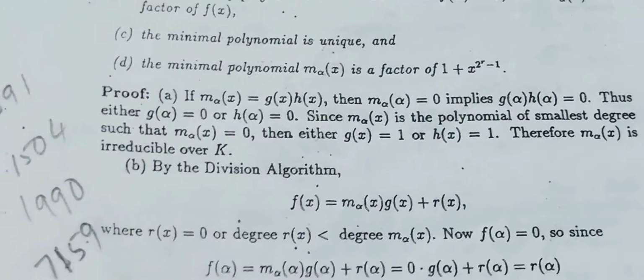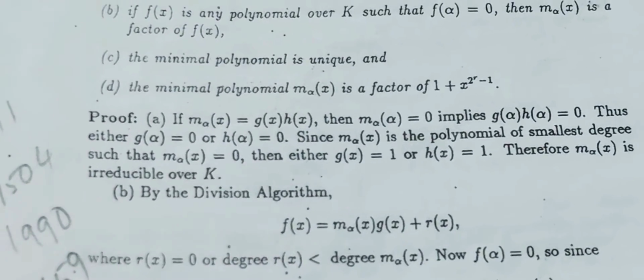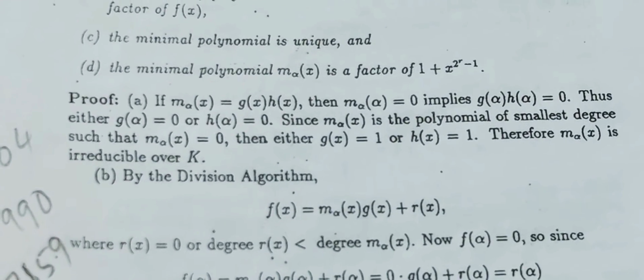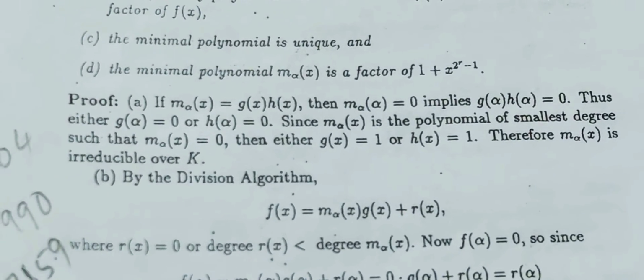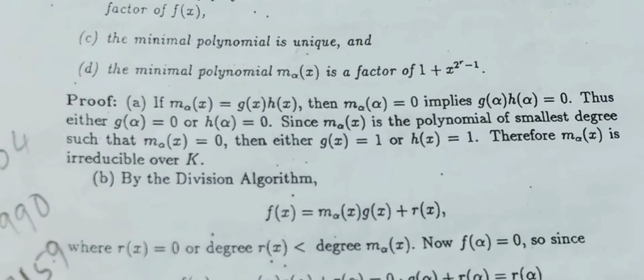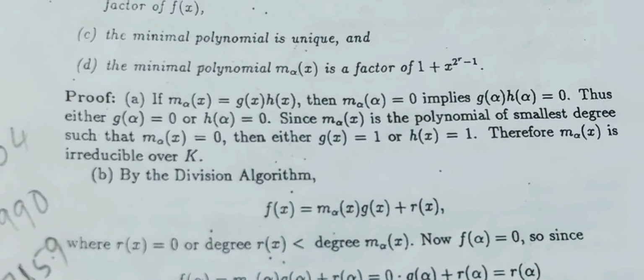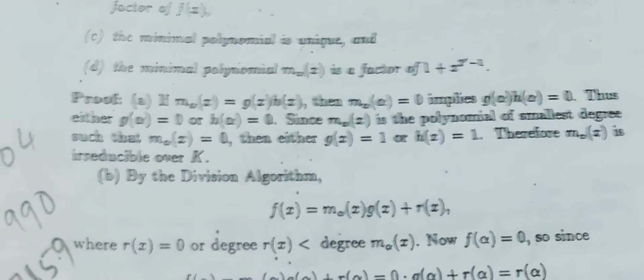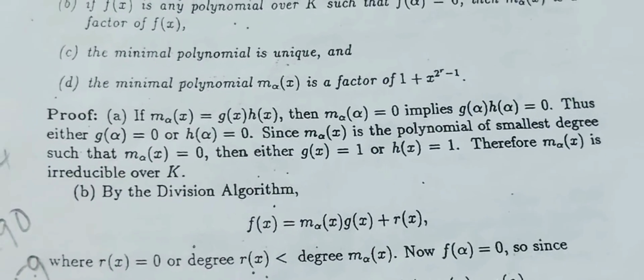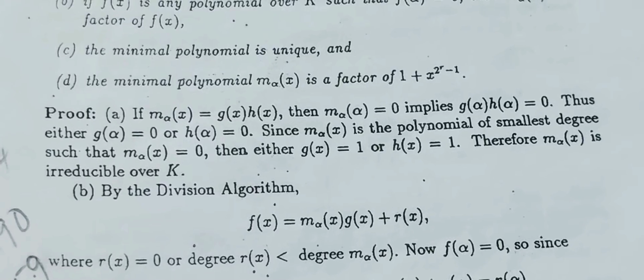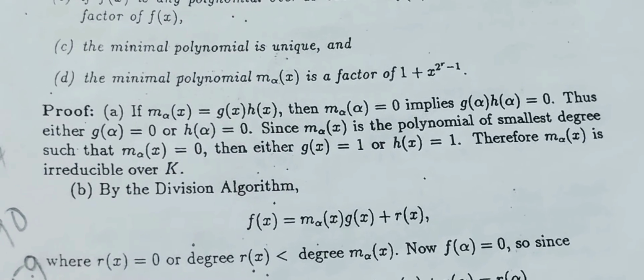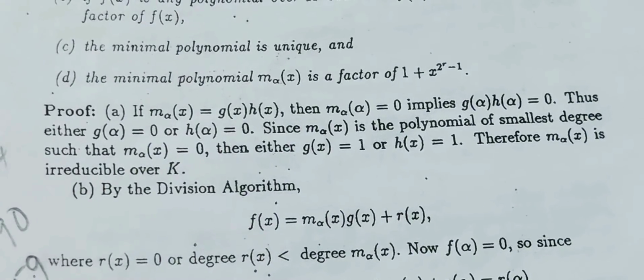Okay. So the first one, the A part, what is that? M alpha of x is irreducible. So suppose m alpha of x is reducible. M alpha of x reducible means m alpha of x is equal to a product of some polynomials, that is g of x into h of x. So m alpha of alpha is equal to 0 implies g of alpha into h of alpha equal to 0.